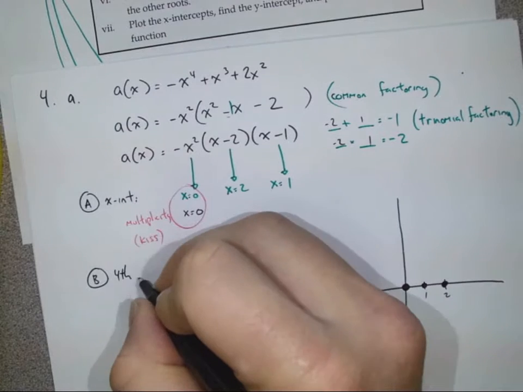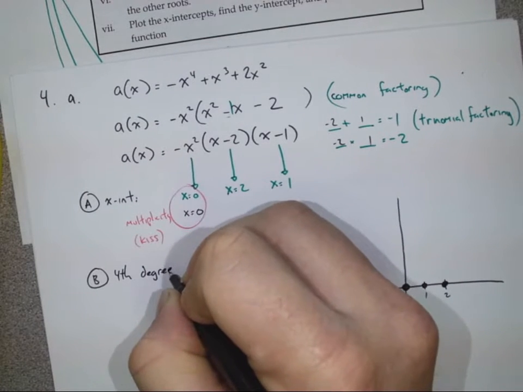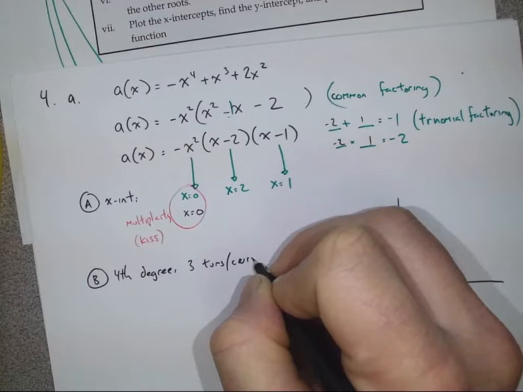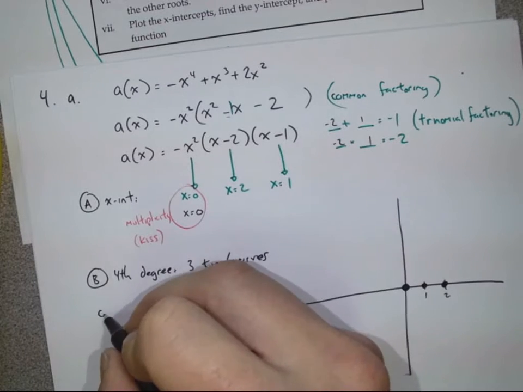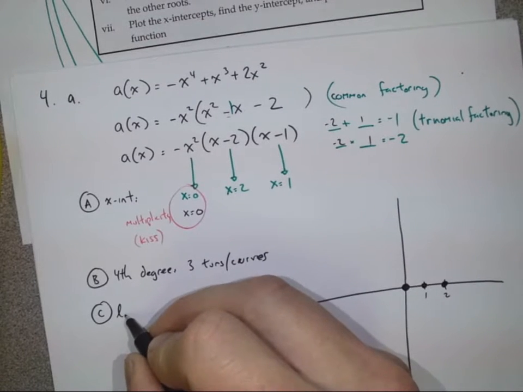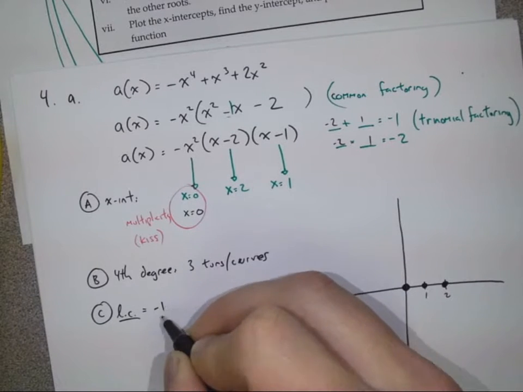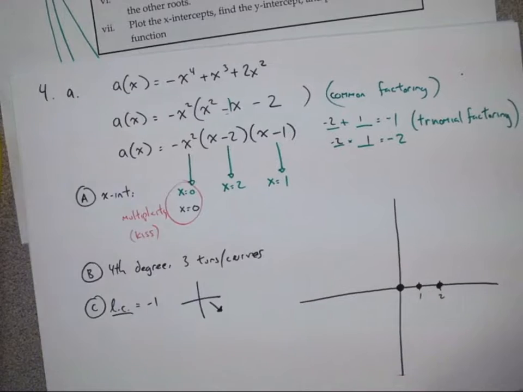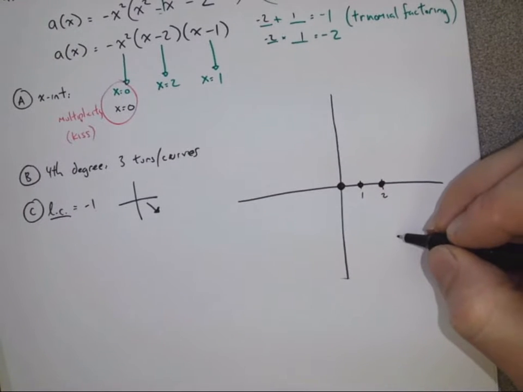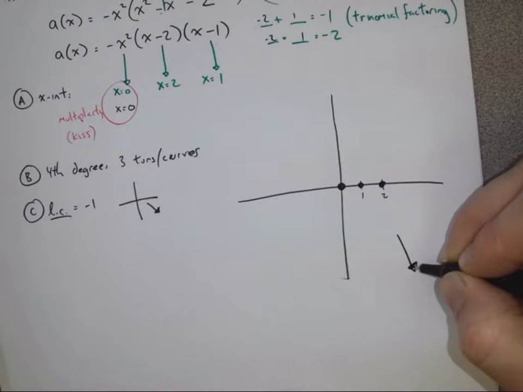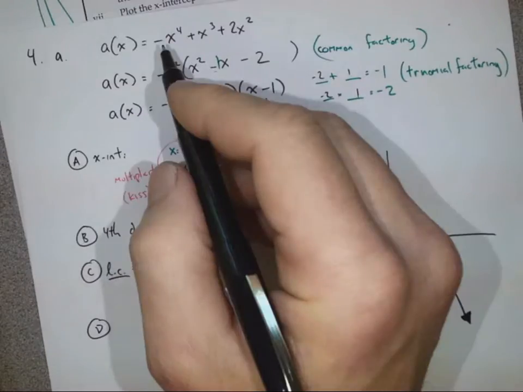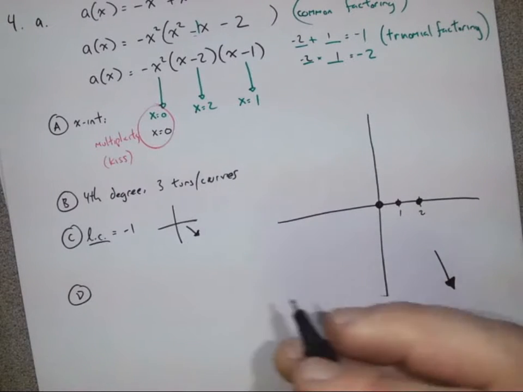So there will be 3 turns or curves. And the leading coefficient is -1. So that means it's going to be going downward when it finishes. So at the end of the day, we're going to have a downward arrow like that because it is negative.